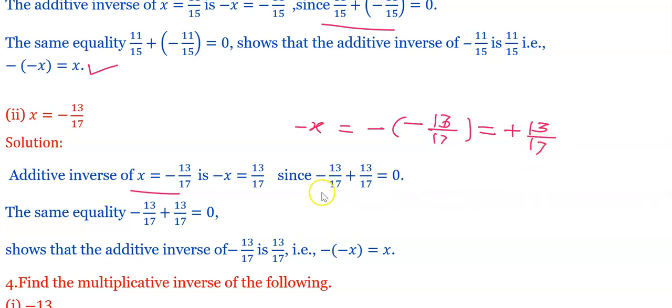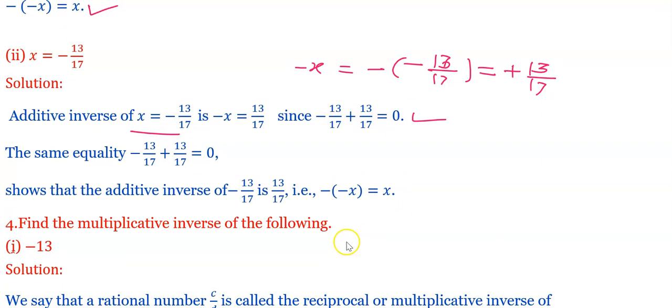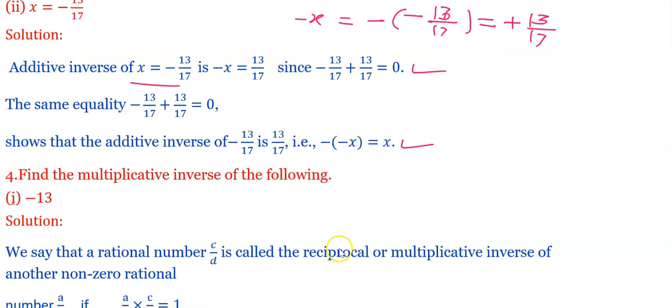And since minus 13 upon 17 plus 13 upon 17 equals 0, this shows that the additive inverse of minus 13 upon 17 is 13 upon 17. That is, minus of minus x equals x.